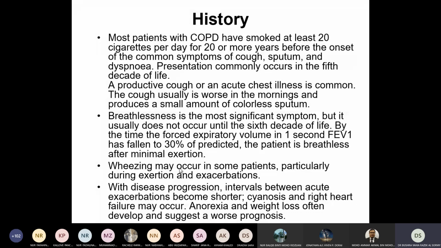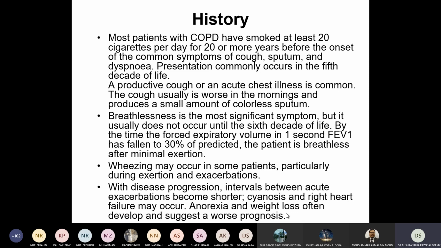Wheezing may occur in some patients, particularly during exertion and exacerbation. With disease progression, the interval between acute exacerbations becomes shorter. Cyanosis and right heart failure may occur. Anorexia and weight loss also develop and suggest a worse prognosis.